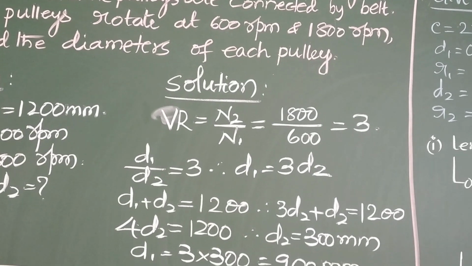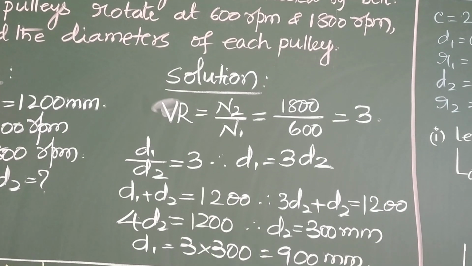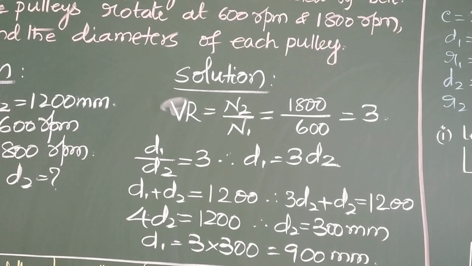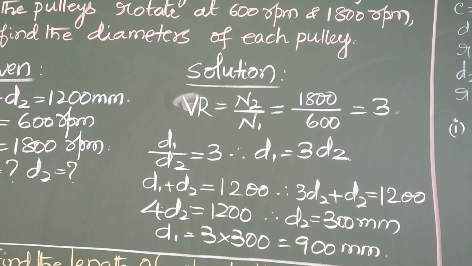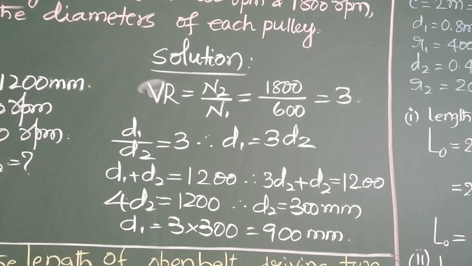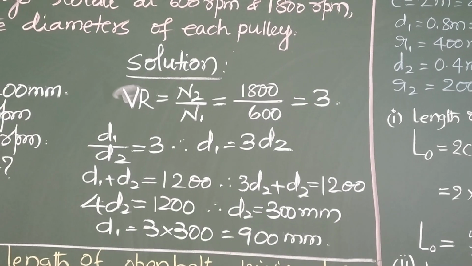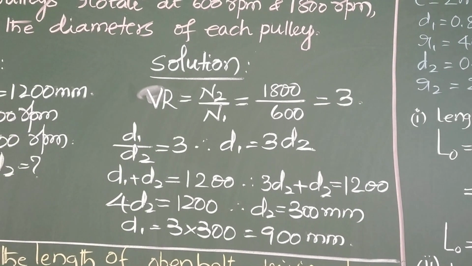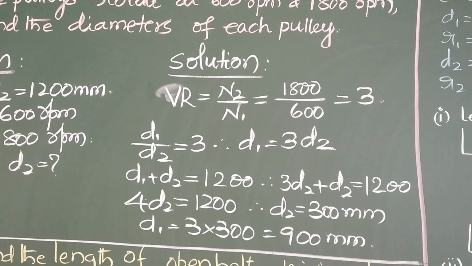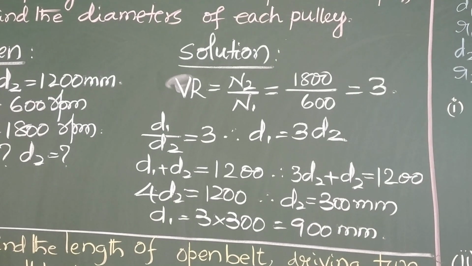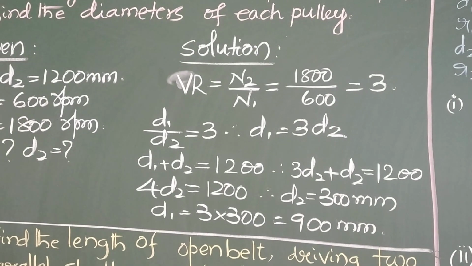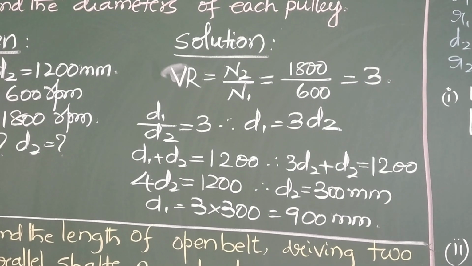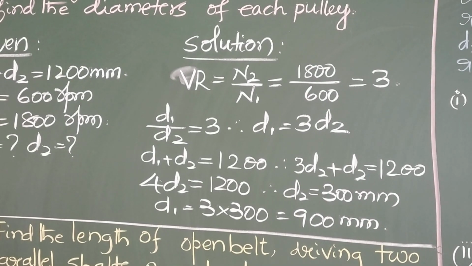We know that velocity ratio equals N2 by N1. Based on the speeds of both the pulleys, it is 1800 by 600, that's equal to 3. We also know that velocity ratio is equal to D1 by D2, that's equal to 3. Therefore, D1 becomes 3 times D2. We already know that D1 plus D2 is 1200.